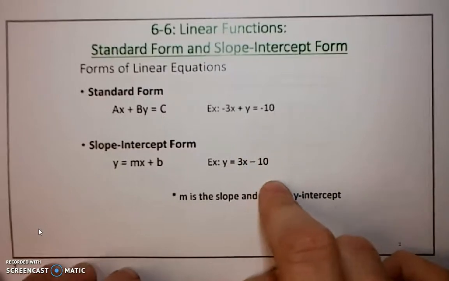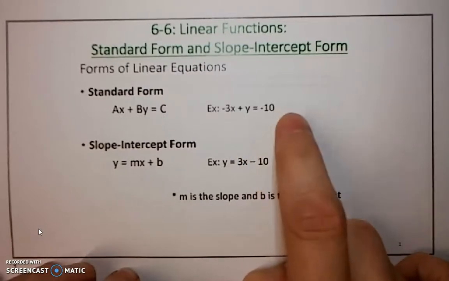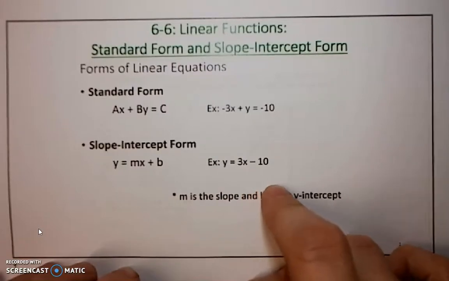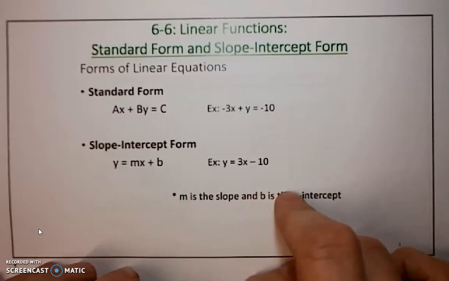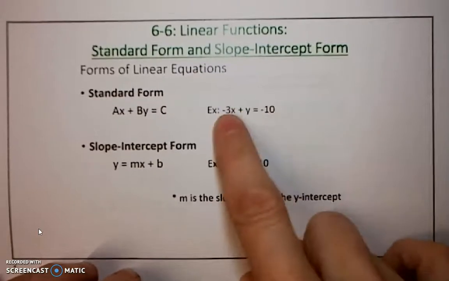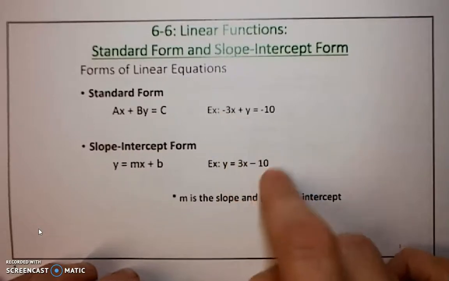Another example could be McKenna, that's her birth name. Maybe that's standard form. And then slope-intercept form could be Mackie, Mac Attack, whatever you want to call her. Same thing with James. We have J-Dog, that could be his nickname. His birth name is James. So those are just some examples. If we're talking about the same person or the same line, we can just say that name in a couple different forms.